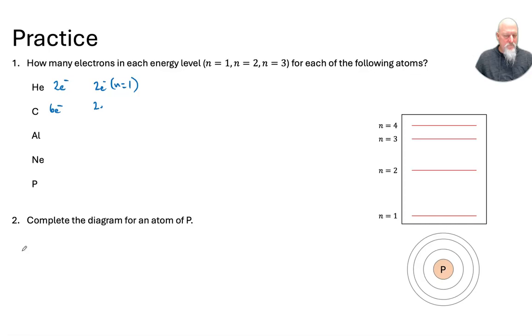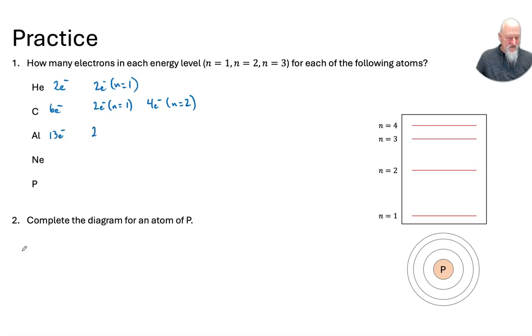2 of them are in n equals 1. Because that fills it up. And then there are 4 electrons in the n equals 2. Because n equals 2 can take up to 8, but carbon only has 4 to put in the n equals 2. Aluminum has 13 electrons.